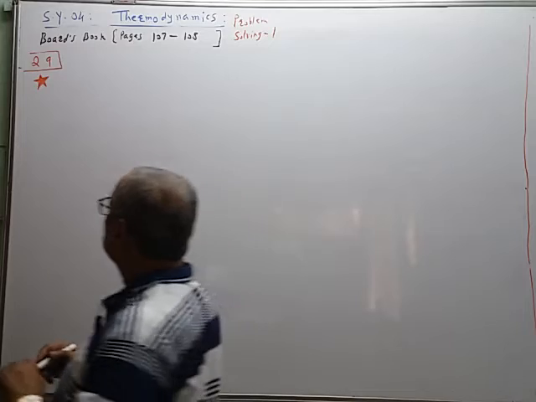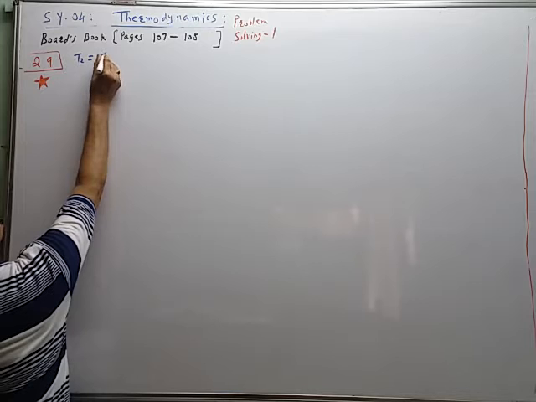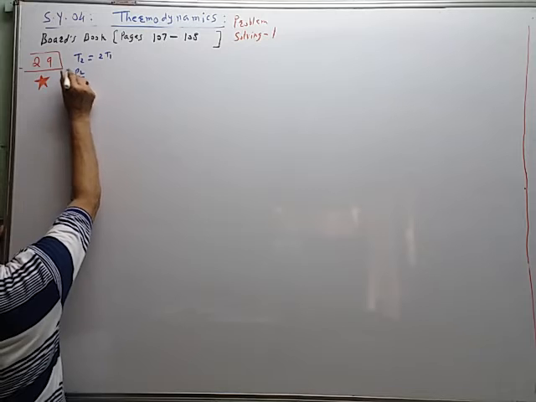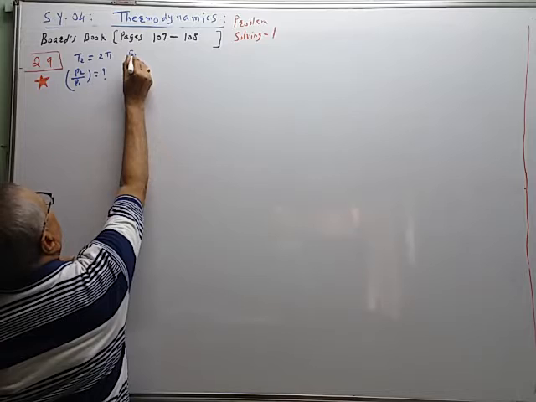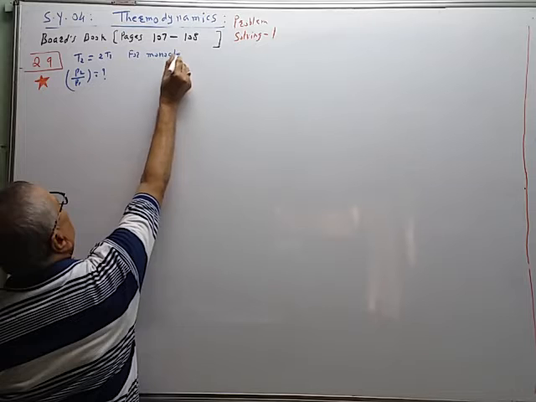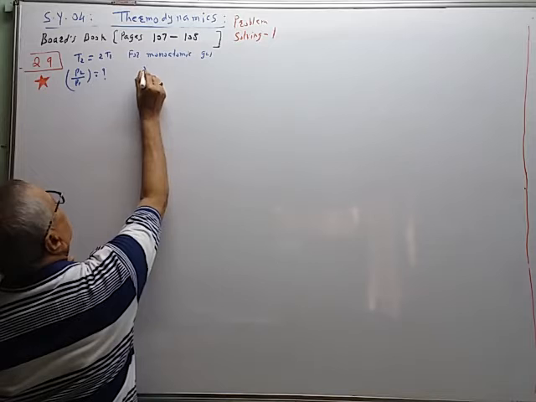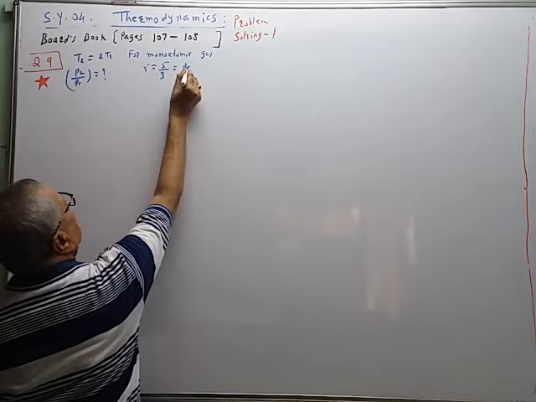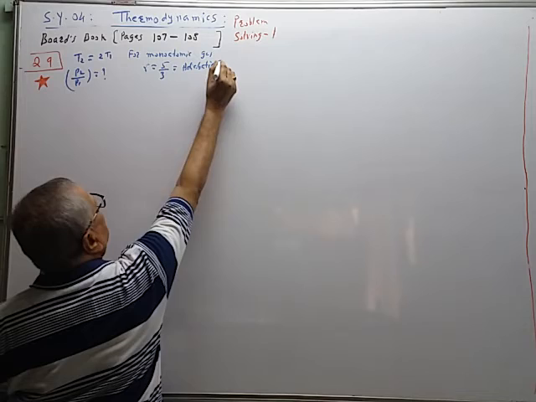T2 is equal to two times T1, P2 upon P1 is equal to question mark. For monoatomic gas, gamma is equal to 5/3, the adiabatic constant.